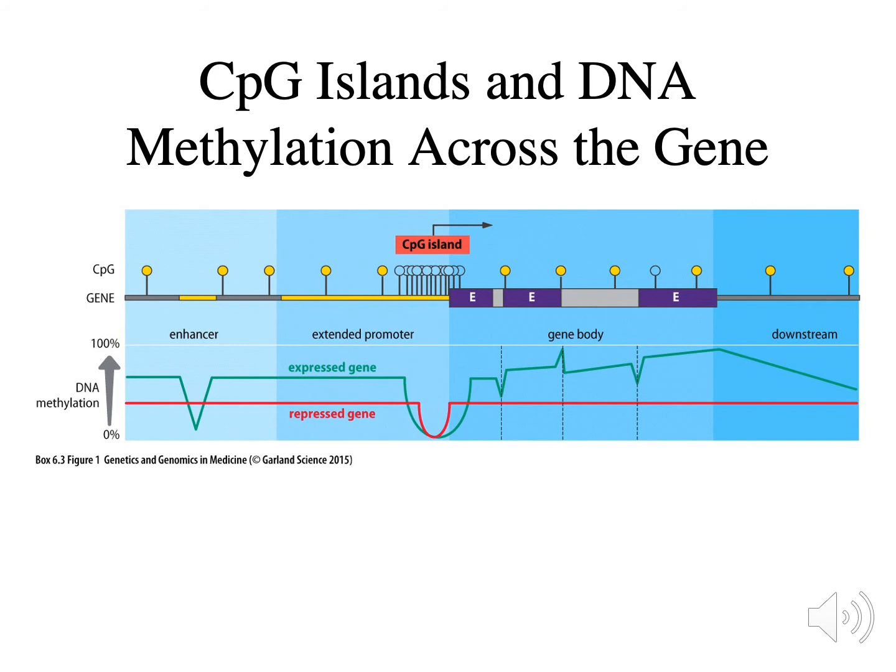The CpG intensity across the gene is illustrated at the top, with open circles indicating unmethylated CpG dinucleotides and circles filled in yellow representing methylated CpG. So the open circles are unmethylated, and the closed yellow circles are methylated.